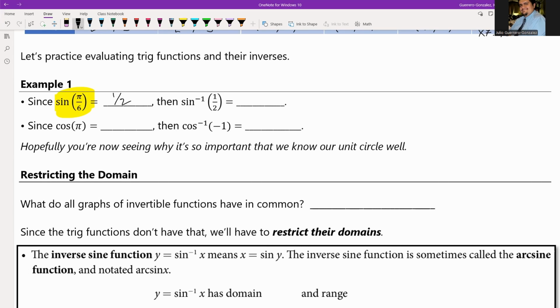So then when we look at this, this is what should be going on in your head: sine of some angle theta has to be equal to 1/2. What would this angle be? If you look, sine is equal to 1/2 at two different locations. One of them is pi over 6, and the other one is 5 pi over 6.